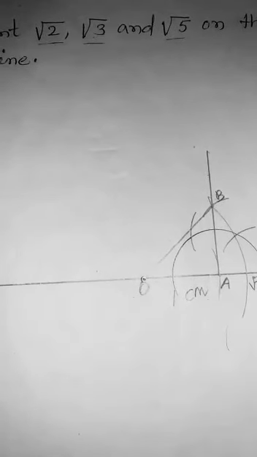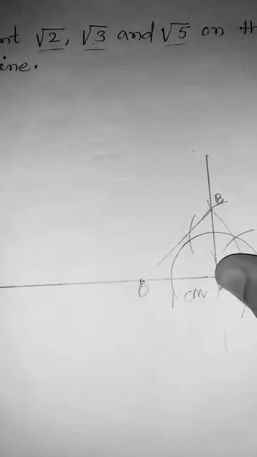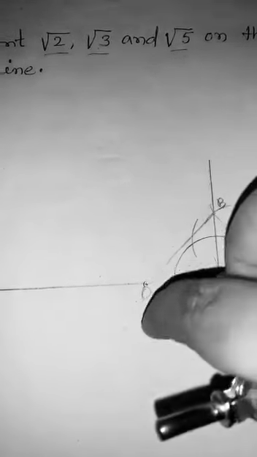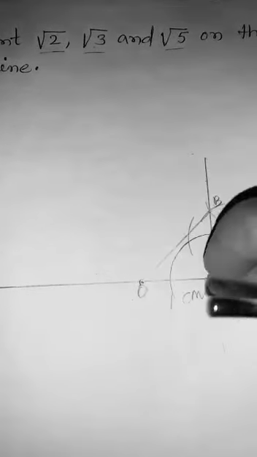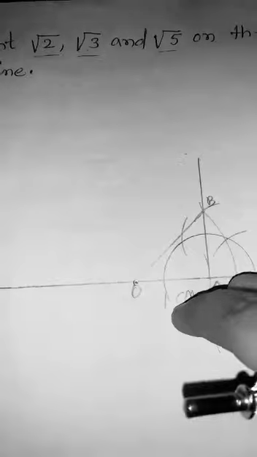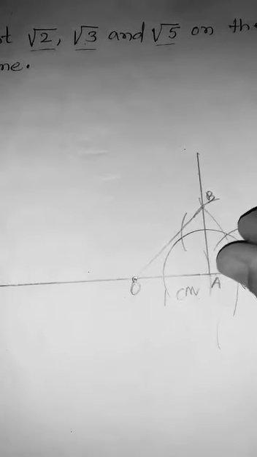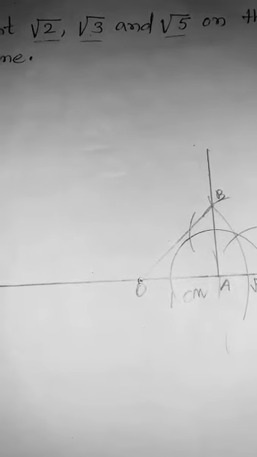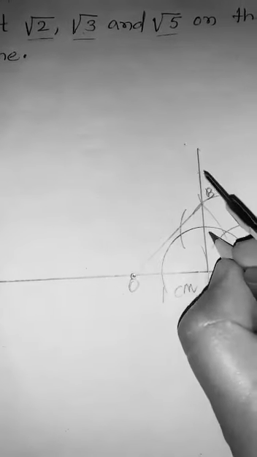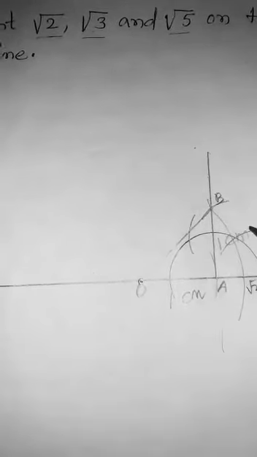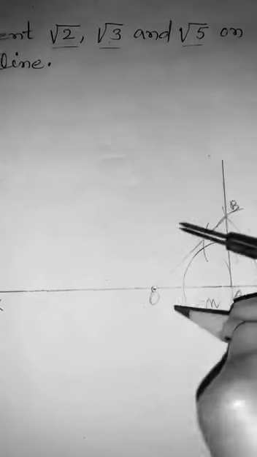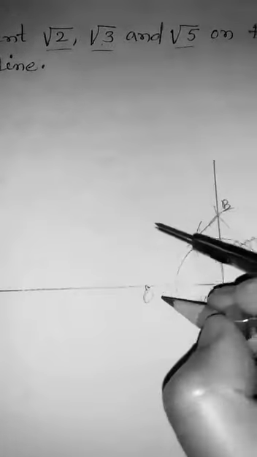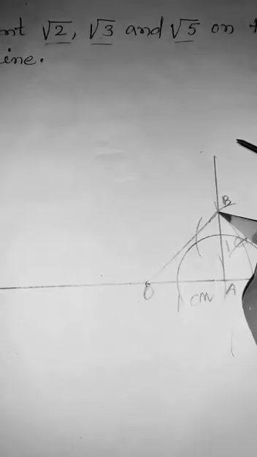Now what you have to do, from A you take distance as AO, that is 1 centimeter, and you cut an arc from A to B, that is also 1 centimeter. So you can write AB is equal to 1 centimeter. Now what you have to do, from O you join OB.